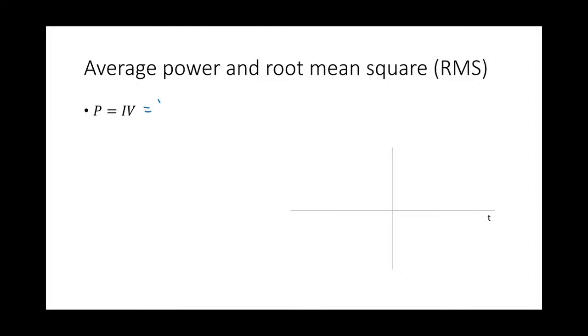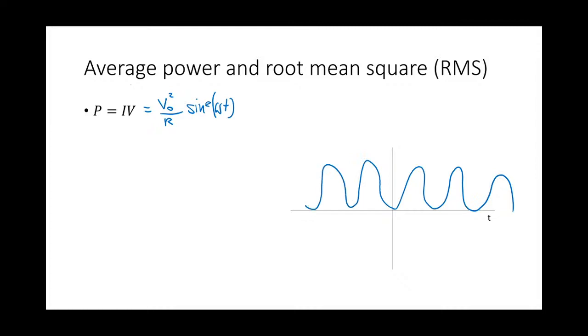So we already talked about this is going to be sine squared omega t, and then you end up with a thing like this. If that is that, what is your average power? Well, the nice thing about sine squared is that it's just a shifted up sinusoidal.